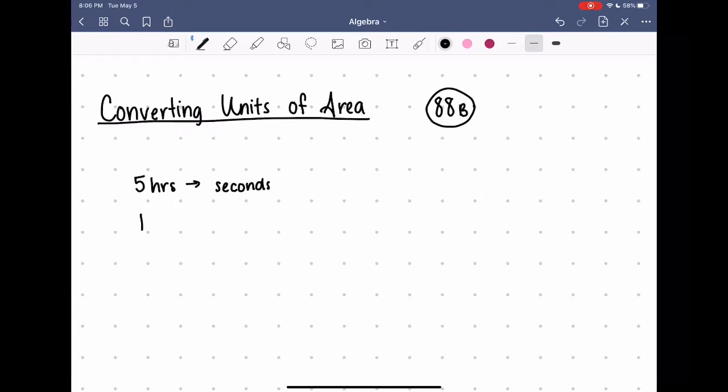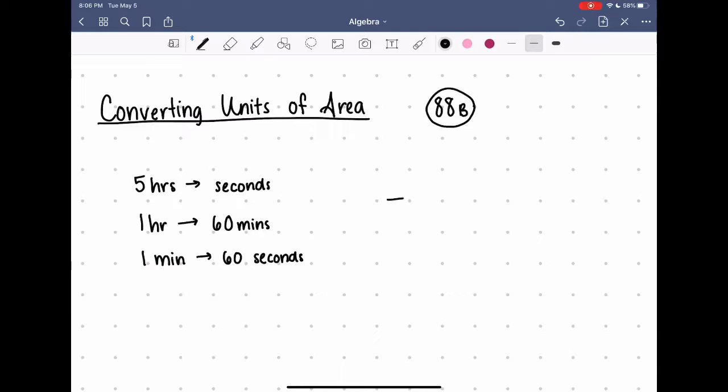So I know that for every 1 hour, there is 60 minutes. And I know how many seconds are in a minute. So I know that for every 1 minute, I have 60 seconds. So using these two ratios, I'll be able to get from hours to seconds.